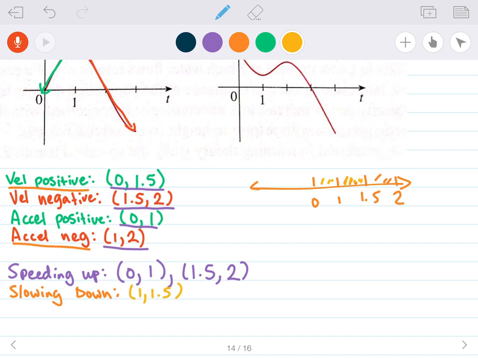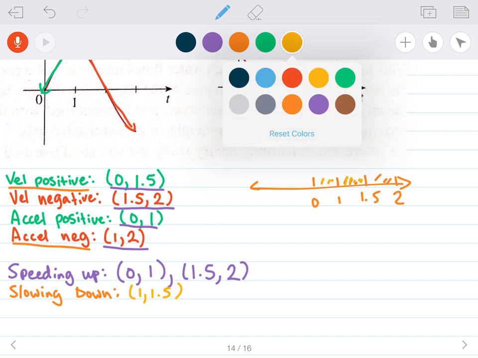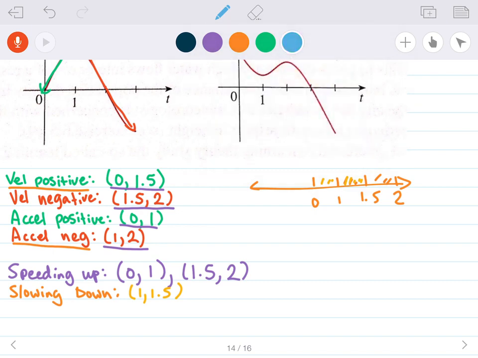What about velocity negative, acceleration positive? Where do these overlap? It looks like they don't overlap actually, right? Because if we were to draw these on the number line, 0 to 1 is right there, and then 1.5 to 2 is right here. So they don't overlap. So this is going to be our only interval of slowing down, from 1 to 1.5.